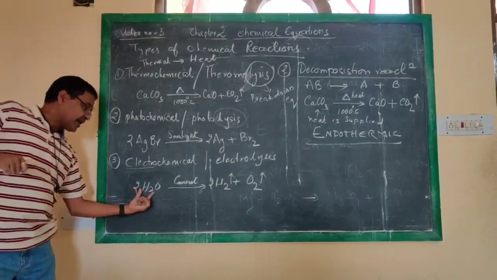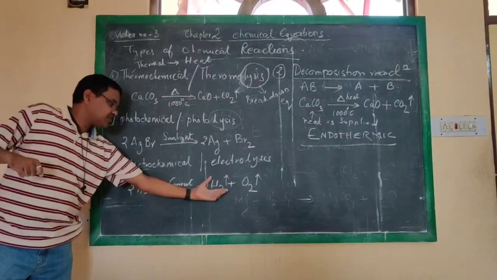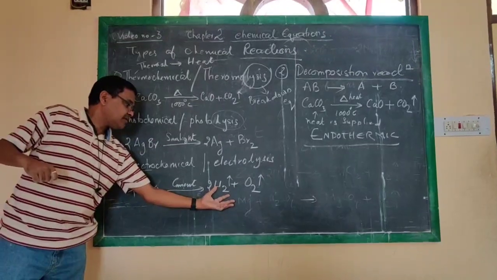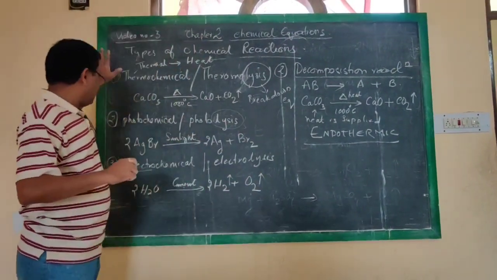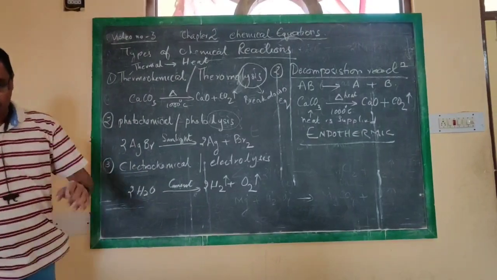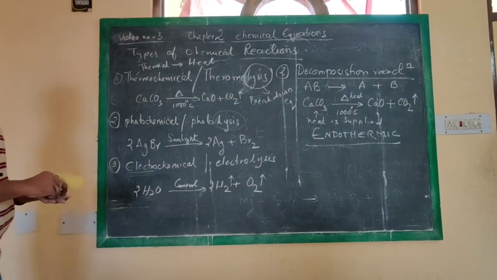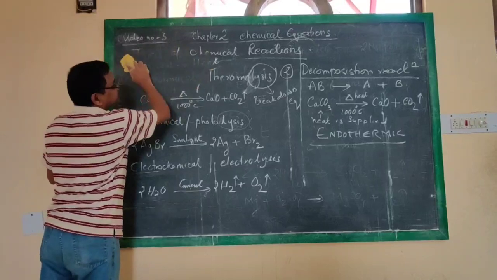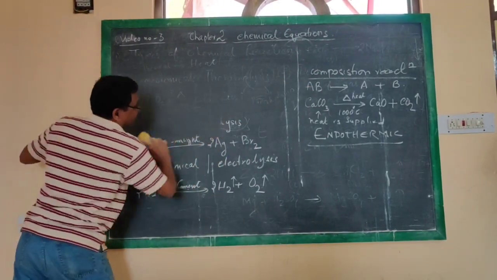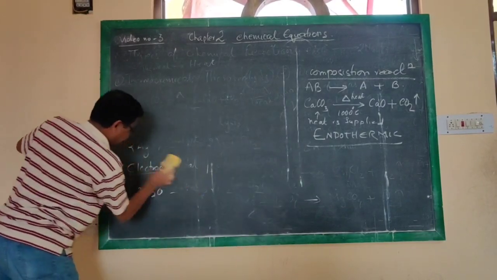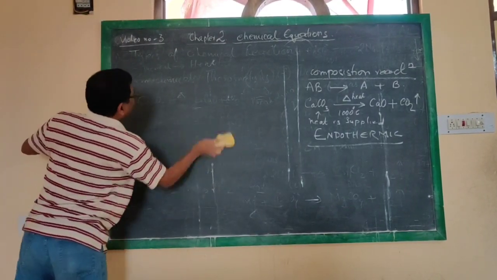When we pass electric current to water, it gives out hydrogen and oxygen. These are a few examples of decomposition reaction.